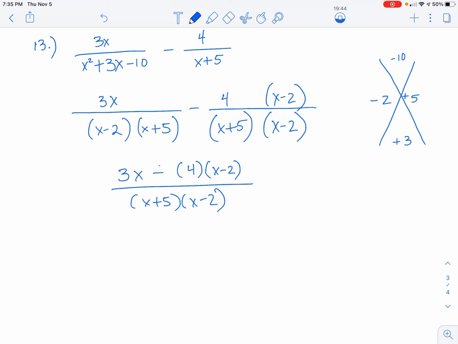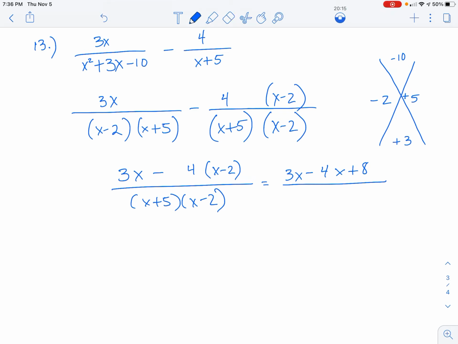Remember that this is going to affect everything. So I'm going to have 3x minus 4x plus 8. Right? Because this is like having a negative 4 out here.